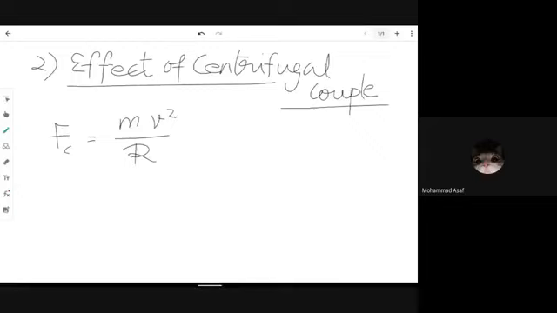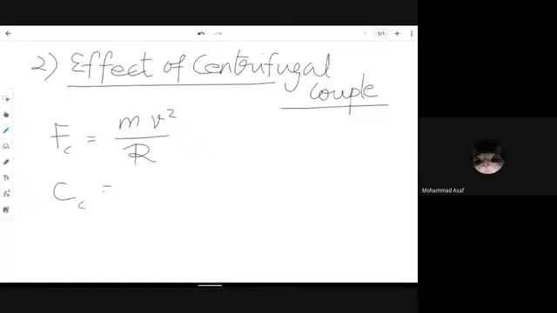So let me mark that one as CC. CC എന്ന് പറഞ്ഞാൽ centrifugal couple, അതായത് centrifugal force കൊണ്ട് ഉണ്ടാകുന്ന couple. അതായിരിക്കും കുറച്ചും കൂടി കൺവേ ചെയ്യാൻ എളുപ്പം.